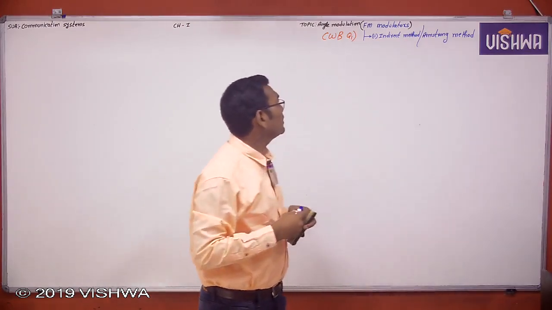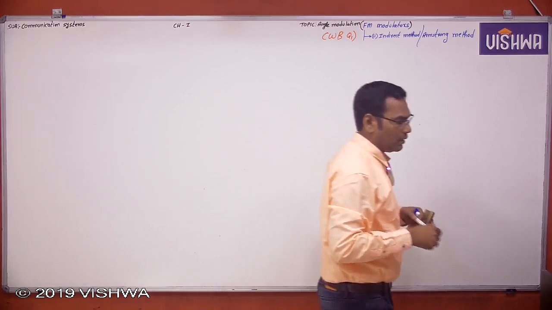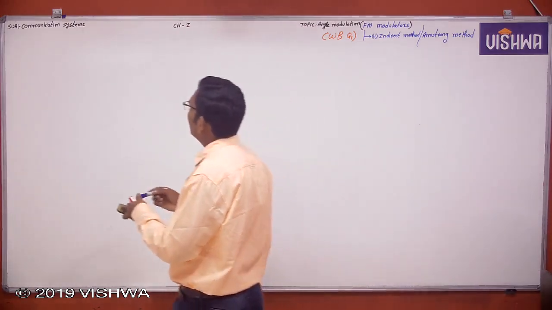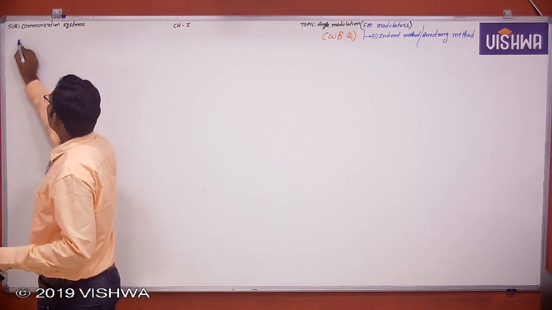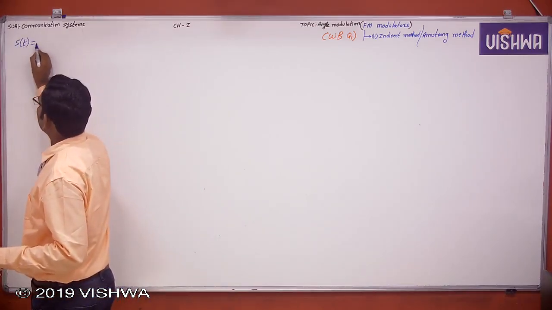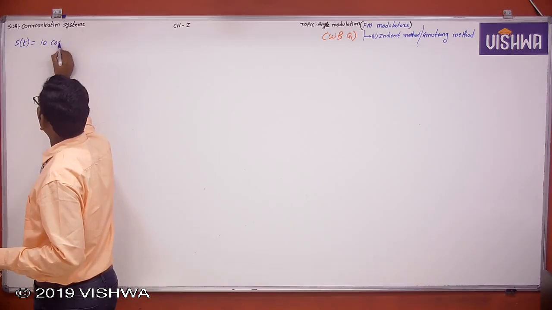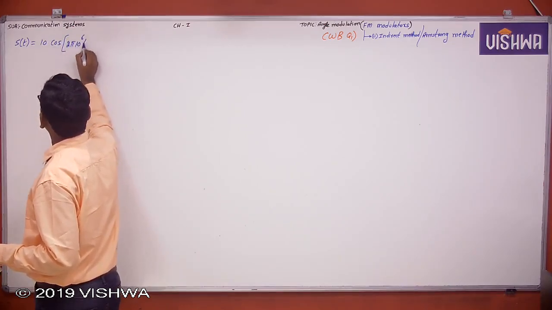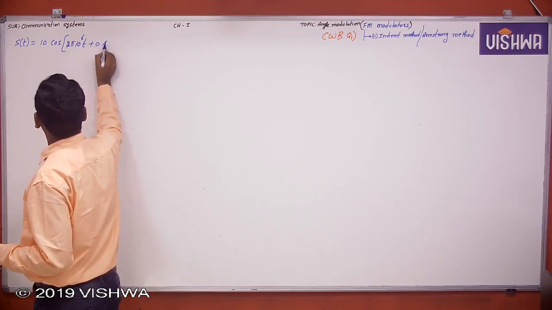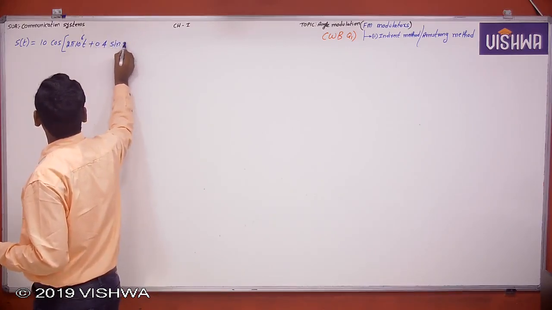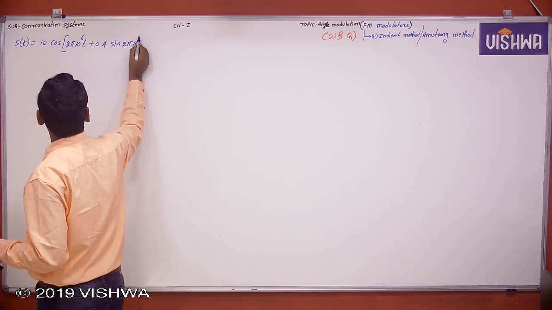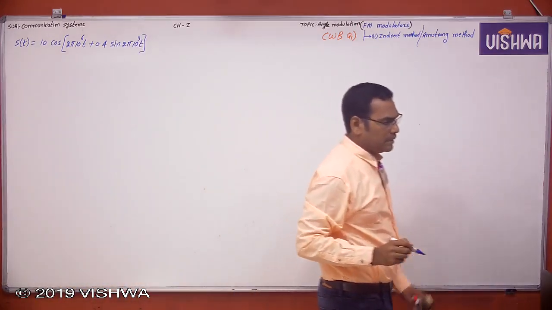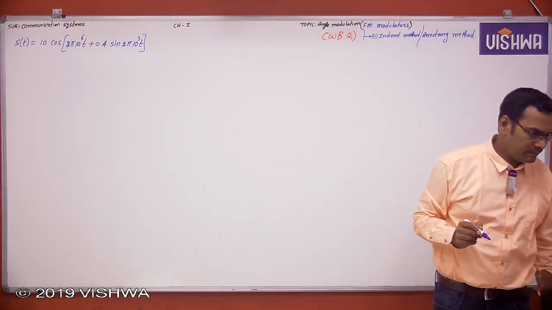An FM signal represented in time domain as s of t equals 10 cos 2 pi into 10 power 6 into t plus 0.4 sine 2 pi into 10 power 3 into t.